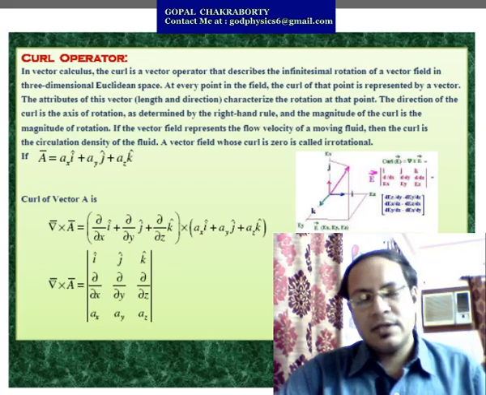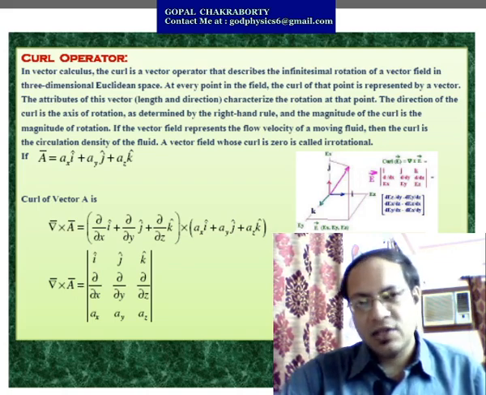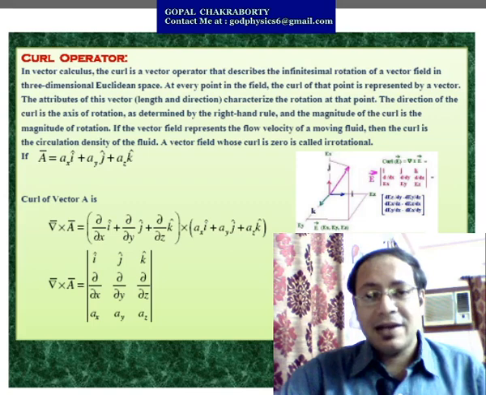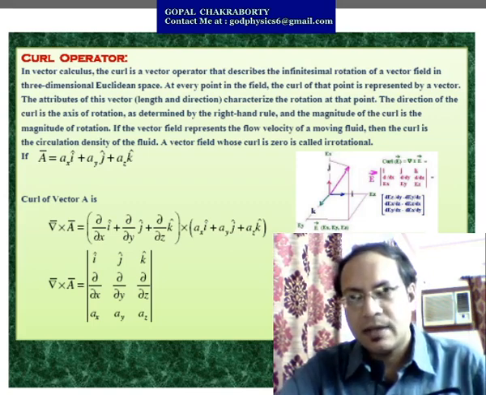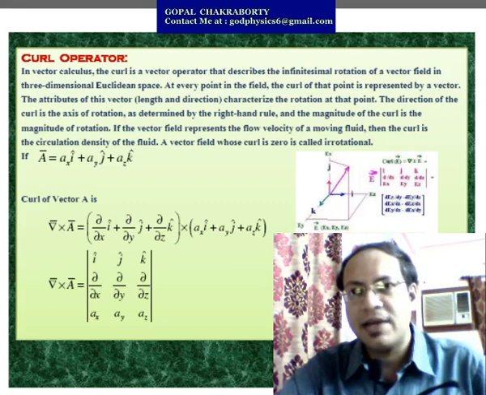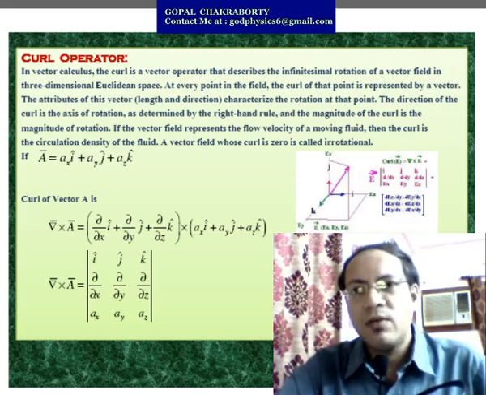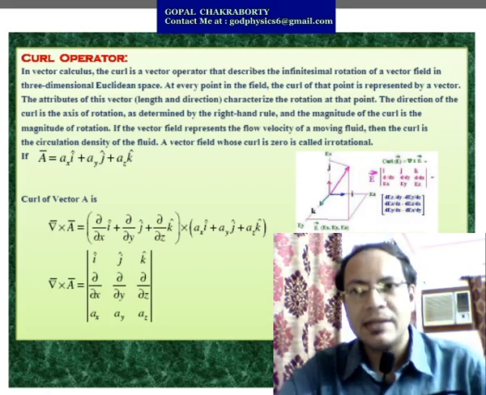Now, if we consider vector A equal to ax i cap plus ay j cap plus az k cap, the curl of vector A can be calculated by taking the determinant of del cross A, by putting the values i j k, del x, del y, del z, and ax, ay, az.